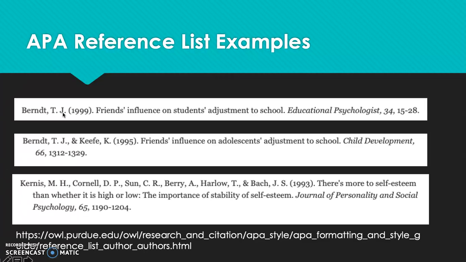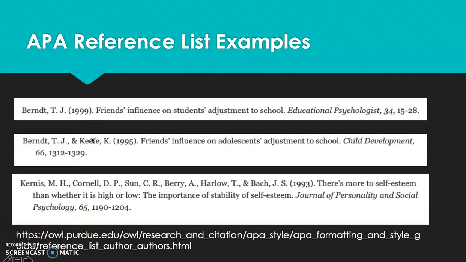If you have two authors, include the first author's name followed by a comma and an ampersand with the second author's name to follow. So here you would say Bernd, T period, J period, ampersand, Keith, K period. You keep it as last name, first initial in the APA format as opposed to MLA where you write last name, first name, and first name, last name.